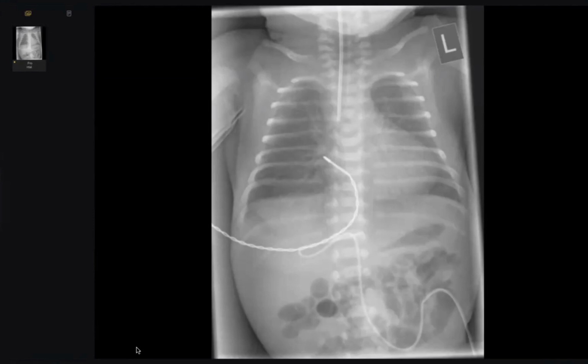The umbilical venous catheter is located at the level of T7 vertebra. It should also need a slight adjustment. It should be at the level of T9 to T12. Mild bilateral ground glass opacification is seen with air bronchograms and mild hilar reticulations. It could represent respiratory distress syndrome.